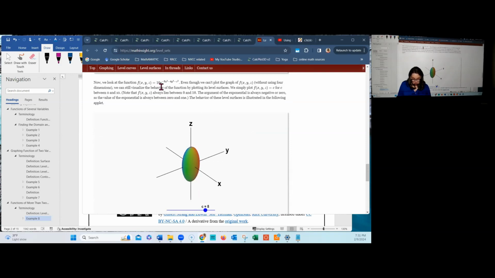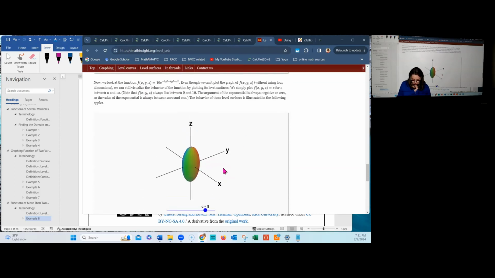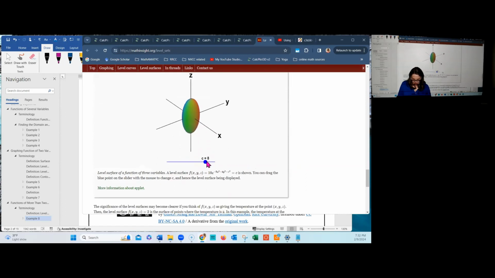Here's our function 10e to the quantity negative 9x squared minus 4y squared minus z squared. The C value that you see here in the slider bar is the value of the dependent variable. So it is a function of 3 independent variables, x, y, and z.